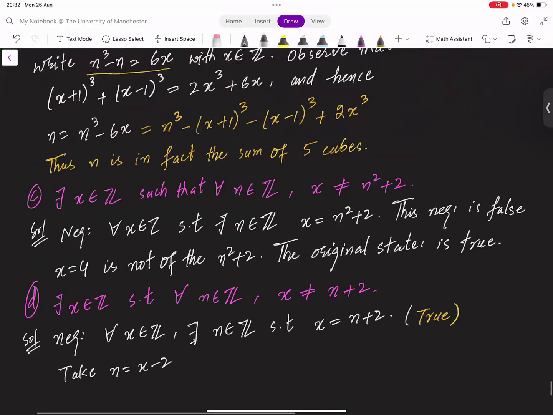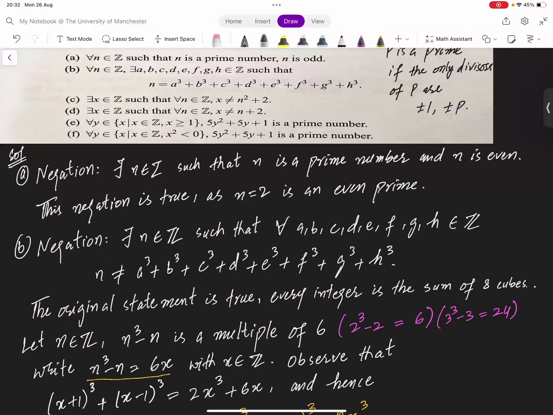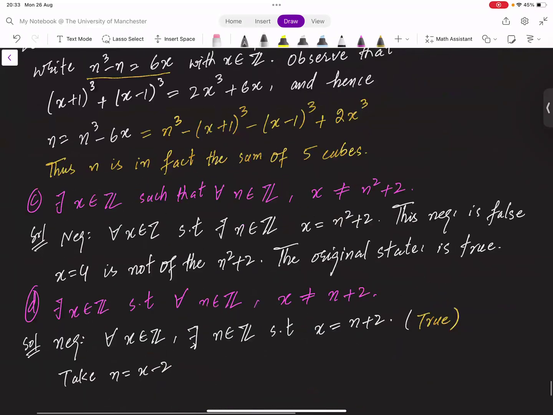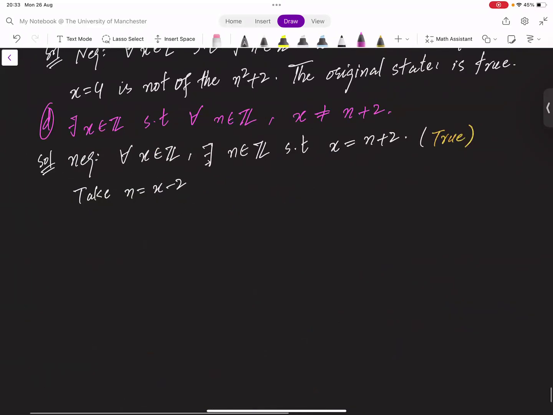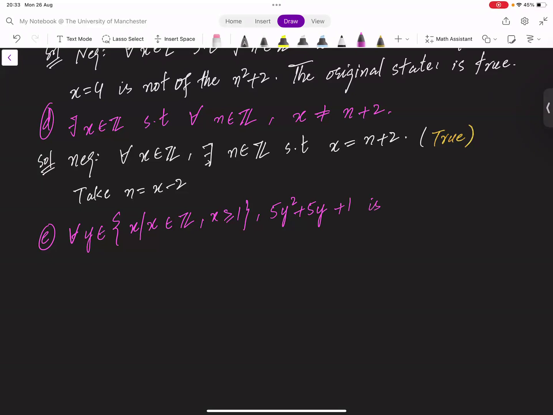Now part E says we have a set. For all y inside a set X, such that x in Z, where x is greater than or equal to 1, 5y square plus 5y plus 1 is a prime number.